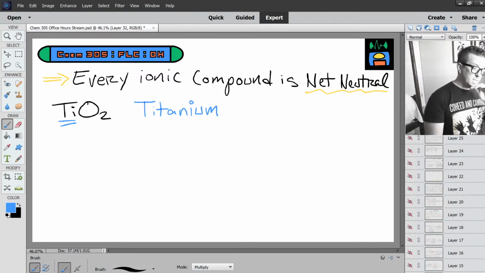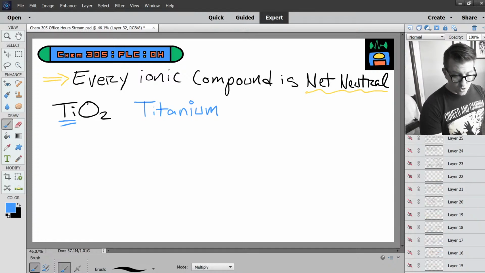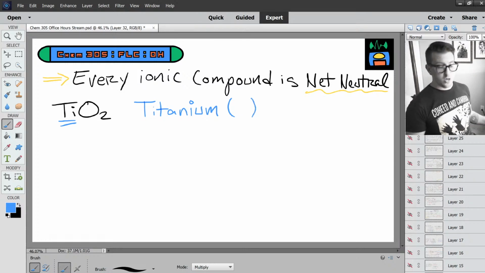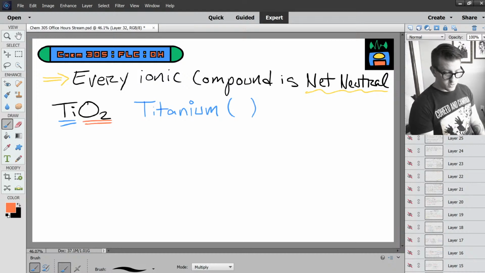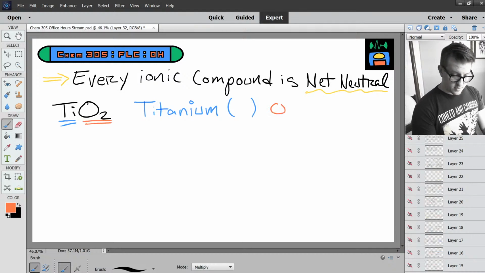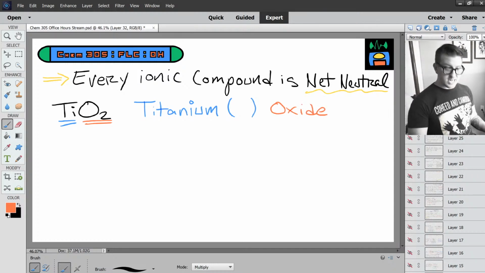And we don't know the charge, so we have to leave a parentheses blank. We need to figure out what goes in that parentheses. Now, O is oxide. All right, titanium oxide.